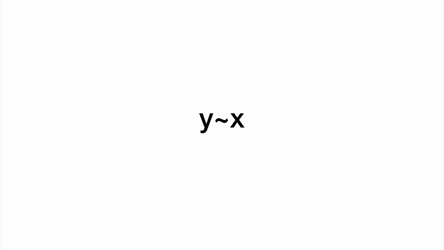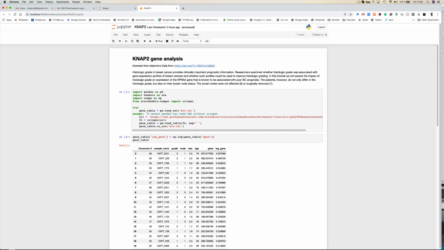Let's move over to a more complex scenario than the ones I've showed you so far. Your Jupyter notebook, the GitHub page of this, contains an example from breast cancer. It's a gene known as the KNAP2 gene, and it's known to be related to the outcome of patients with breast cancer.